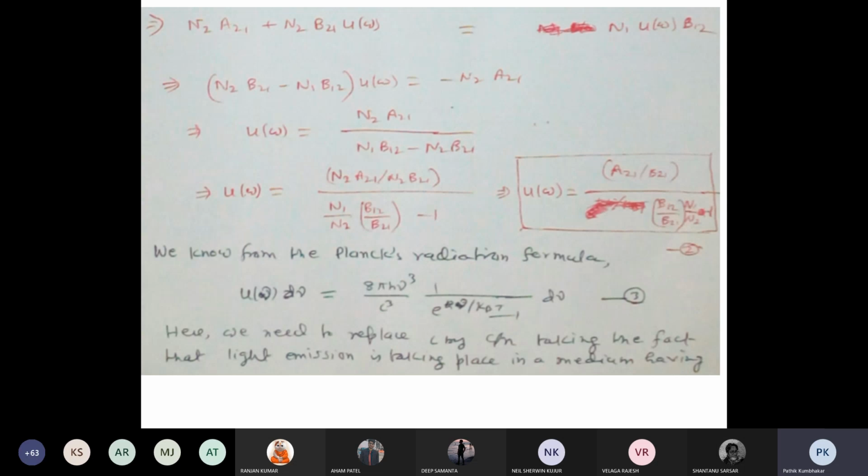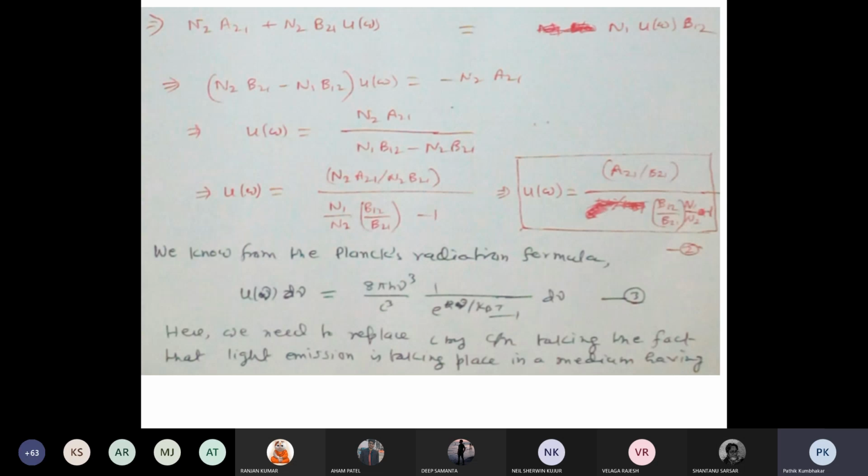So the total rate of downward transitions of the atom is N2A21 plus N2B21 U omega. This must be equal to the total rate of upward transitions. Upward transitions of the atom take place only in the case of absorption, so that is N1 U omega B12. Under equilibrium condition, these two sides should be equal.